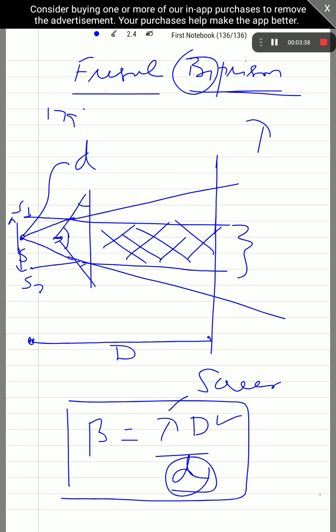There is a tangent screw attached to the biprism so that the sharp edge of the biprism is exposed to the source S. So S1 and S2 are generated with the refraction effect, and these are two virtual sources. These are not actual sources, these are virtual sources made up of source S.